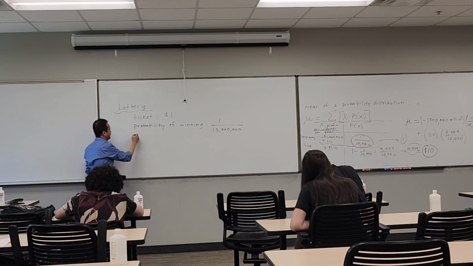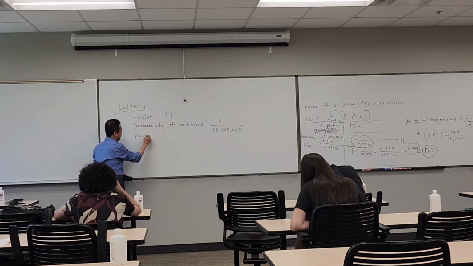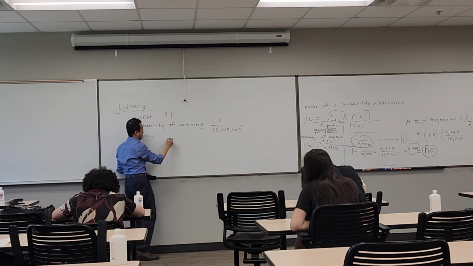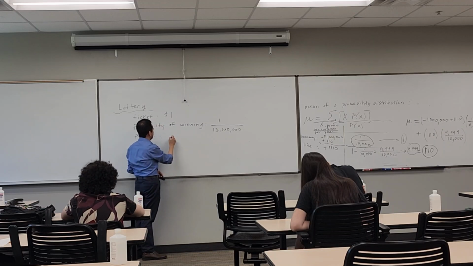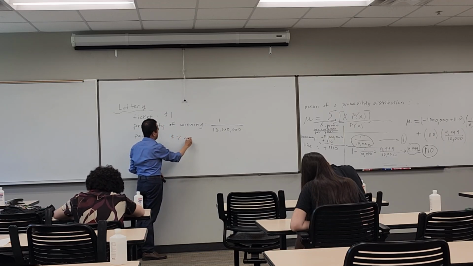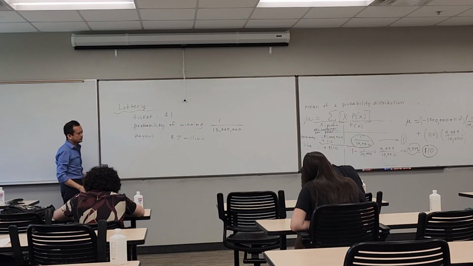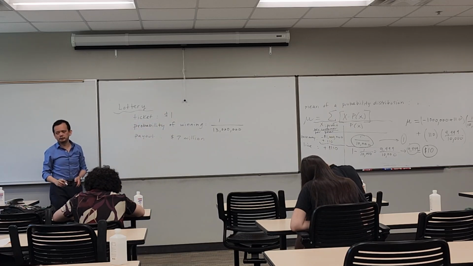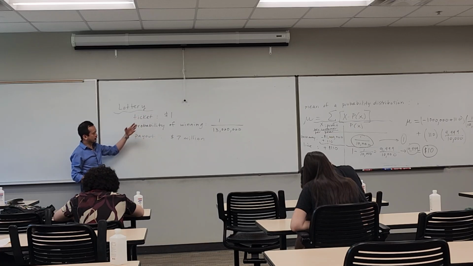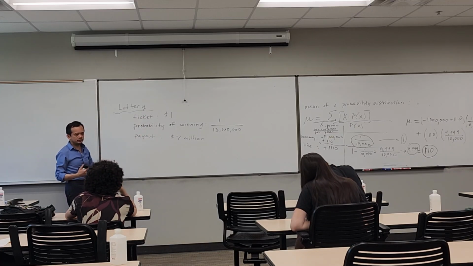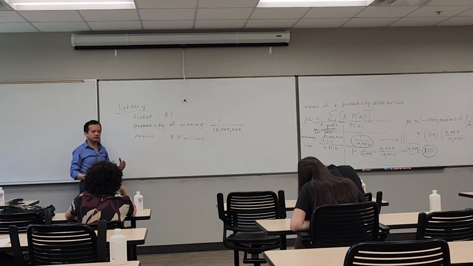And let's say that the payout if you win is 7 million. So the question is, from the perspective of the state government that is selling these lottery tickets, what is the average profit or loss that the government can expect per ticket?